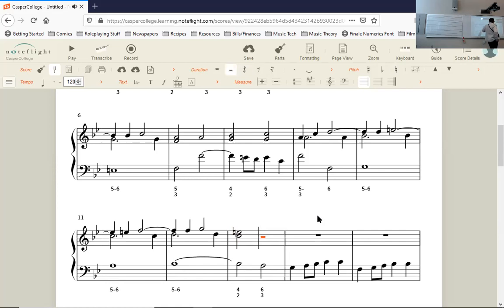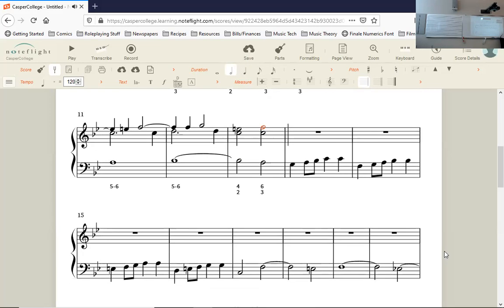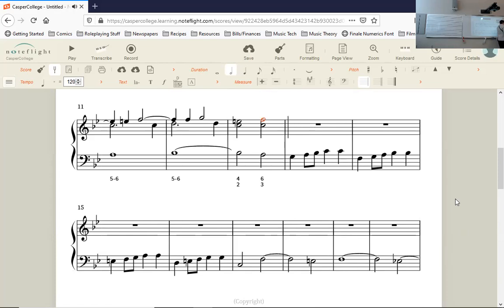Resolve to the 6, 3. I need the C, so we'll keep the C the same. And an F. Okay, let's take a look at our bass line, because I've got a new pattern coming in the bass. Yes, we do.